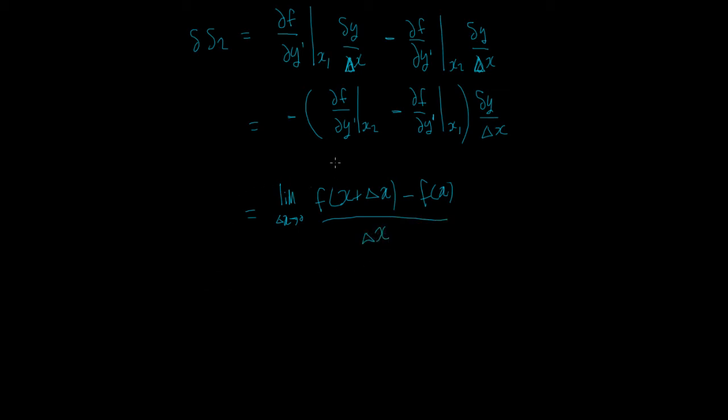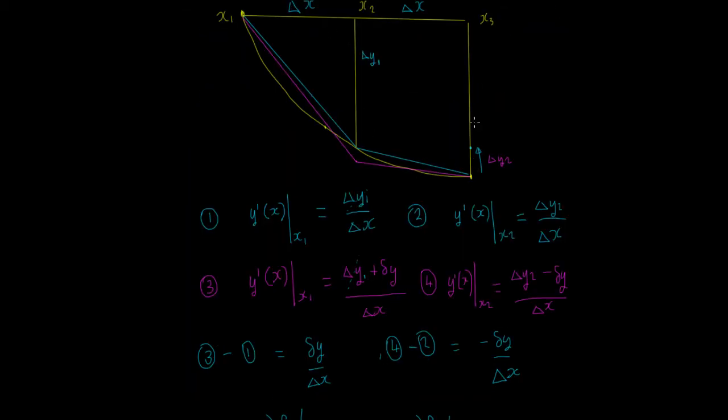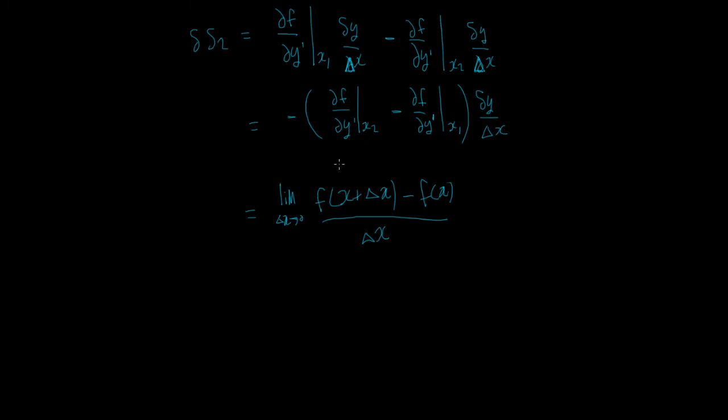Now if you look at this one up here, we could take this delta x down here, and then we would have df by dy derivative minus df by dy derivative at x1. But you noticed that up in here, x2 equals x1 plus delta x. You see, x2 is x1 plus a delta x.